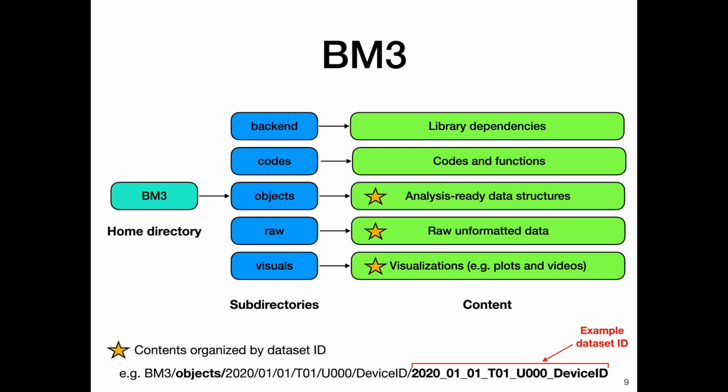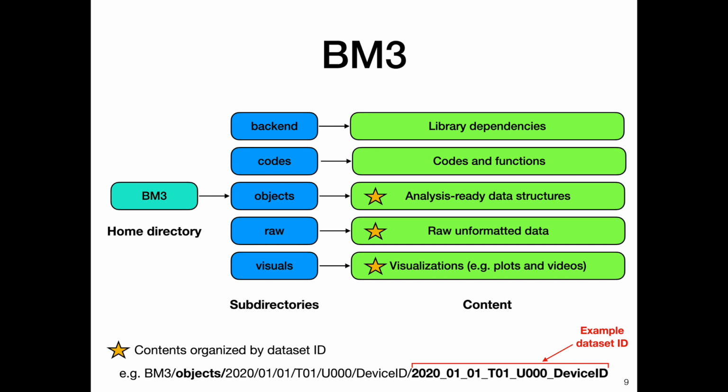Here we have a breakdown of the directory structure of BM3. BM3 consists of 5 subdirectories: backend, codes, objects, raw, and visuals. Backend stores files that make BM3 work. Codes has the open source code for the library functions, which can be used as is, expanded upon, or augmented with custom functions.